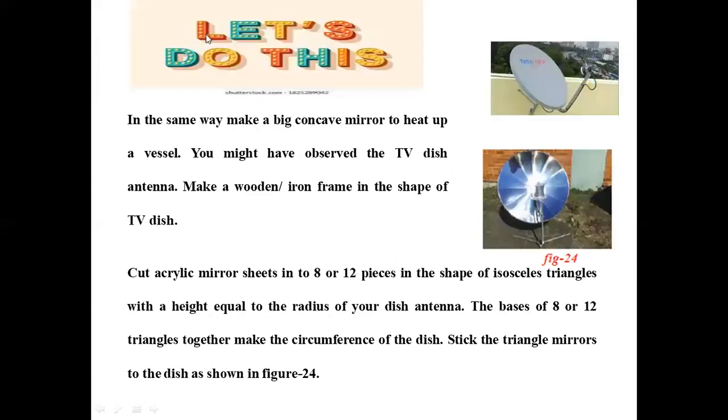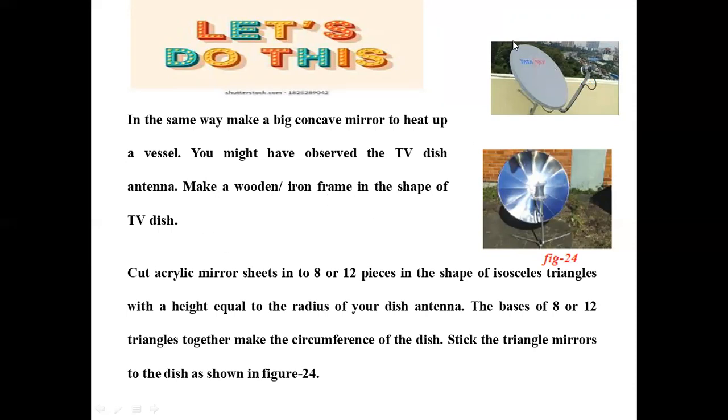In a similar manner, let's apply that to this solar cooker. In order to make this work, we have to take a concave mirror. A TV antenna also works like a concave mirror, concentrating all the sun rays coming from the universe, which get focused and converge at a particular point called the focal point.